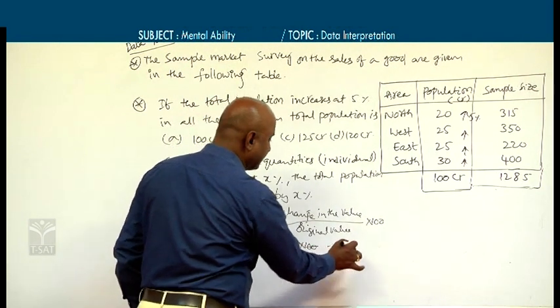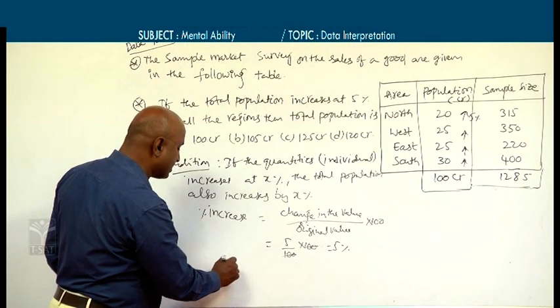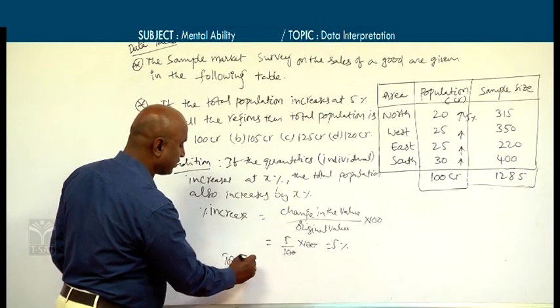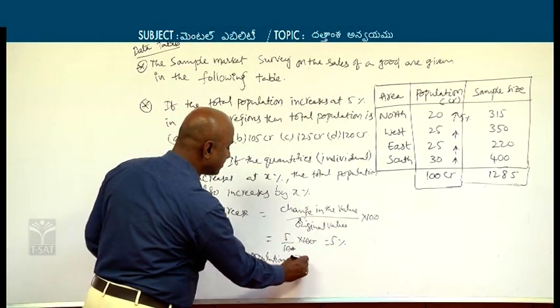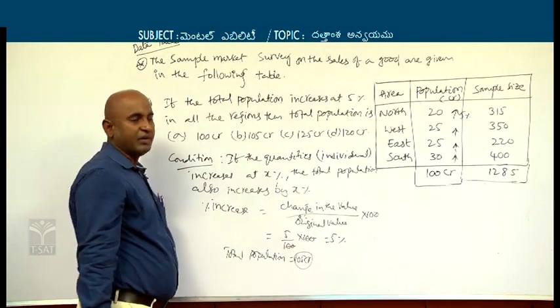So 5% increases. So now the total population will be 105 crores. We will prove how it will be.